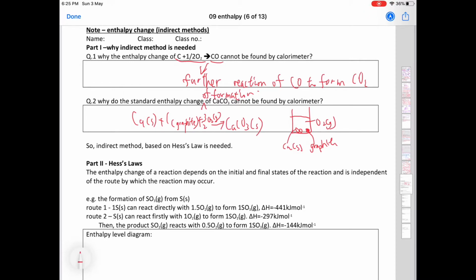They won't react under standard conditions, or if they really react, the probable products will be CaO and CO2 instead of CaCO3. Can you see the idea? So the answer for why we cannot measure the standard enthalpy change of formation of calcium carbonate is that these substances will not react under standard conditions to form CaCO3.